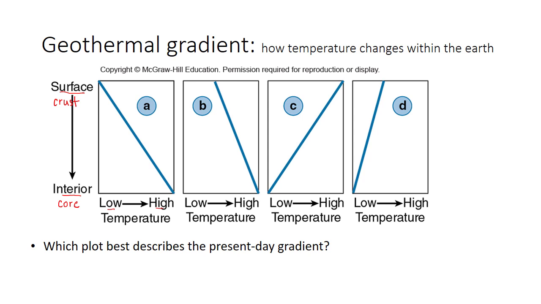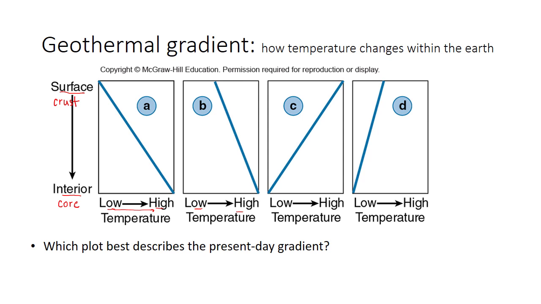So low to high, etc. Okay, so how does the temperature where we are change as you go down? Well, we're in a low temperature situation, and as you go into the center of the Earth, the temperature gets higher and higher and higher. So which of these diagrams corresponds to that?